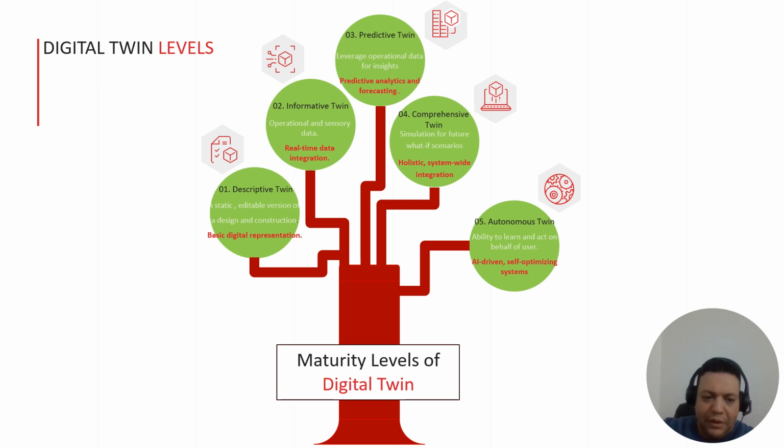So we can now think about what the types and maturity levels of digital twin are. The first one is of course a descriptive twin, which is a static presentation of the asset. A 3D model for a building, mostly loaded with information for facility management, and maybe through time, through events, you can update that model.